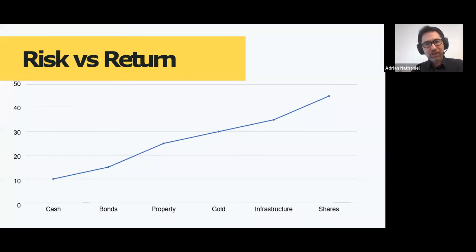At the other end of the spectrum, we see shares. Now, shares are basically ownership of companies, and it's publicly listed companies that I'm talking about. So anyone that has a share in a company has the risk of volatility, and volatility is associated with short-term fear, and so it doesn't really reflect the true value of a company.